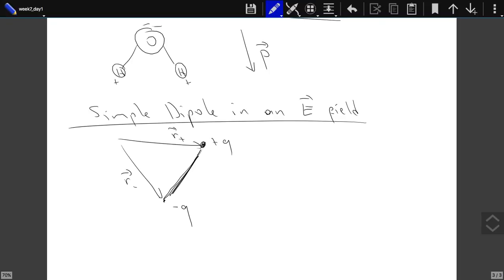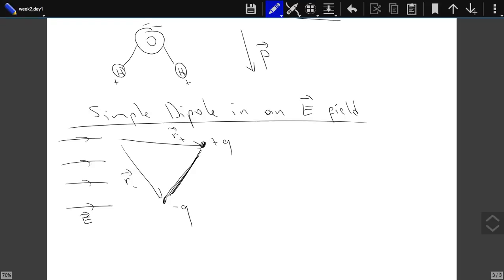They will be just two different ends of a molecule, for example, a simple model. Let's assume that this is in an electric field. Let's first assume it's a uniform electric field. What will happen if a dipole is in a uniform electric field?